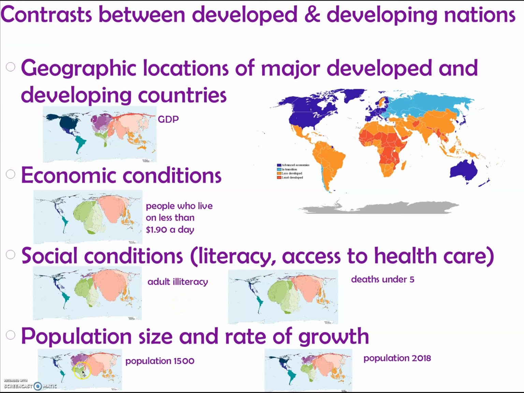The bottom two I'm not going to blow up, but they talk about the population rate of growth, where people lived in 1500 versus where people live today. You can see that a lot of it is the same, right? India is still large, China is still large, Africa is still large, but there is a population increase in the United States and parts of South America.